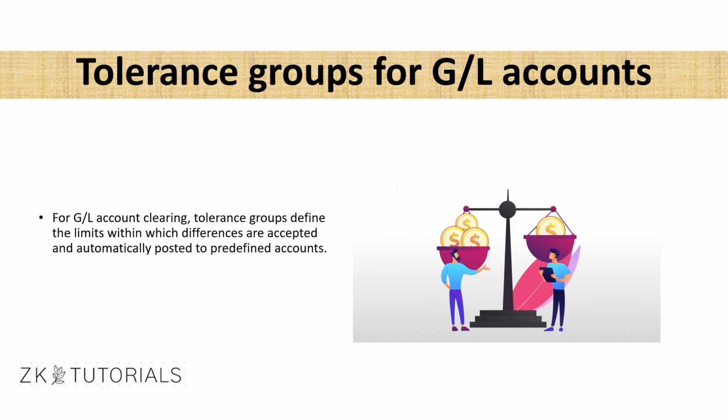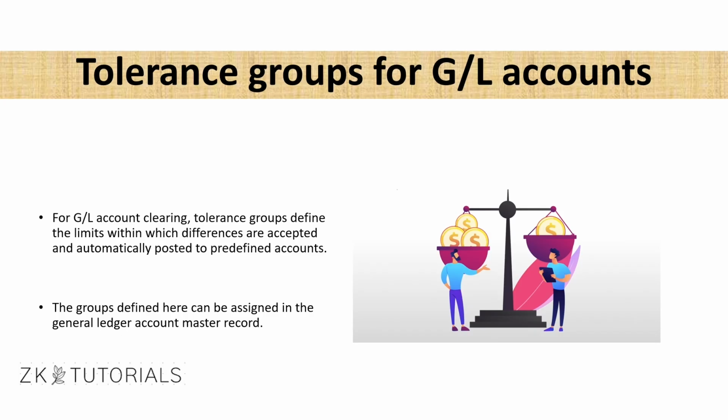For GL accounts clearing, tolerance groups define the limits within which differences are accepted and automatically posted to predefined accounts. The groups defined here can be assigned to the general ledger account master data. In simple words, tolerance groups is like the differences which we can accept.